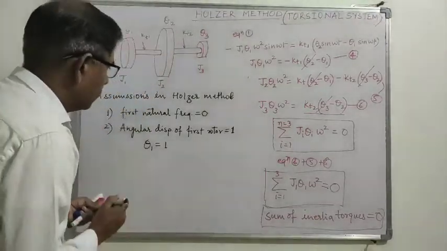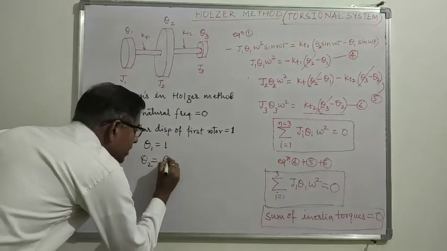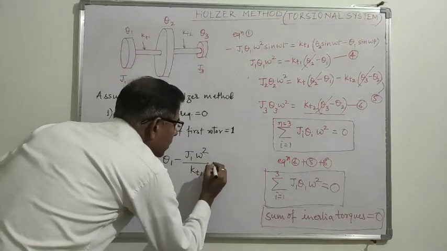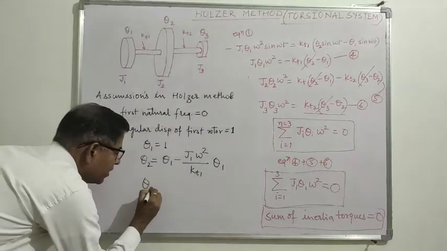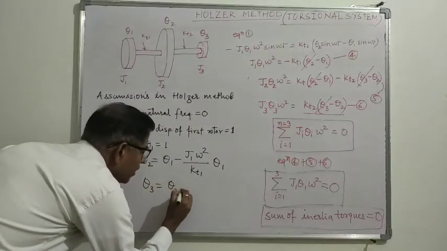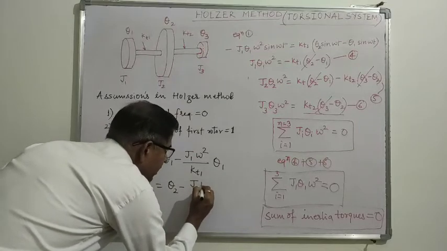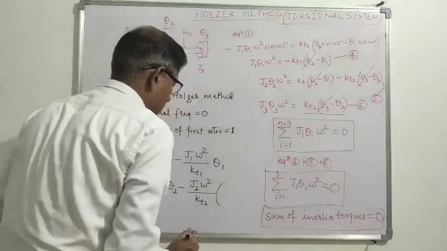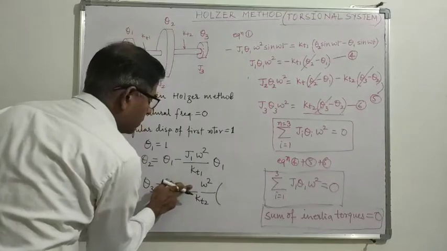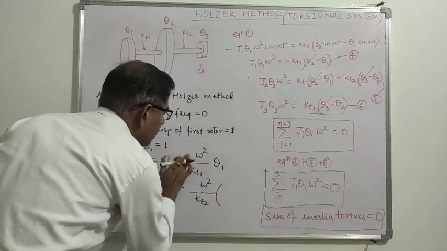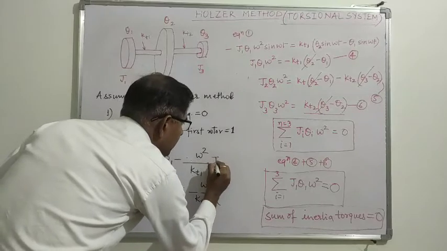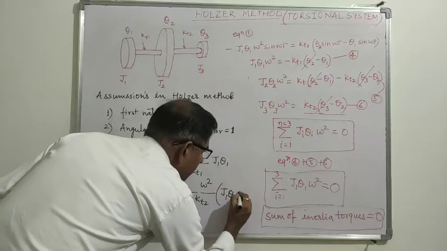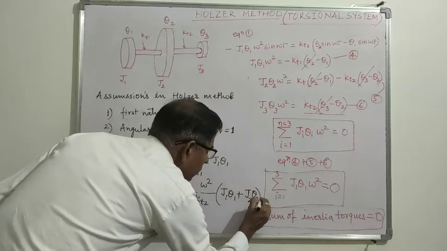So theta 1 is 1, theta 2 we have derived as theta 1 minus J1 omega square upon kt1 into theta 1, and theta 3 becomes theta 2 minus J2 omega square upon kt2 into J1 theta 1 plus J2 theta 2.